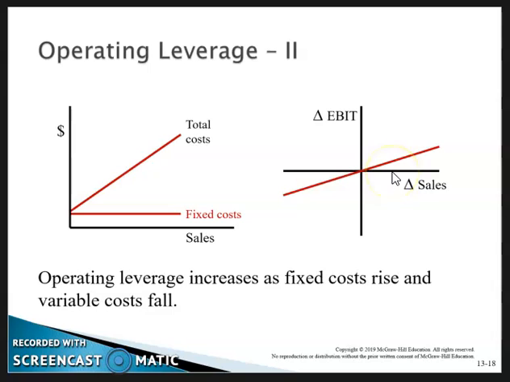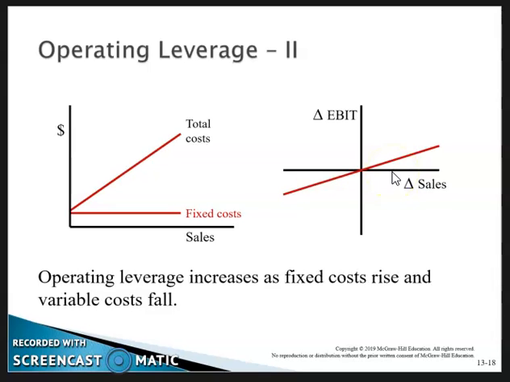And we have our beta, which is fairly flat. So when fixed costs rise, the impact of operating leverage is increased, resulting in a higher beta.